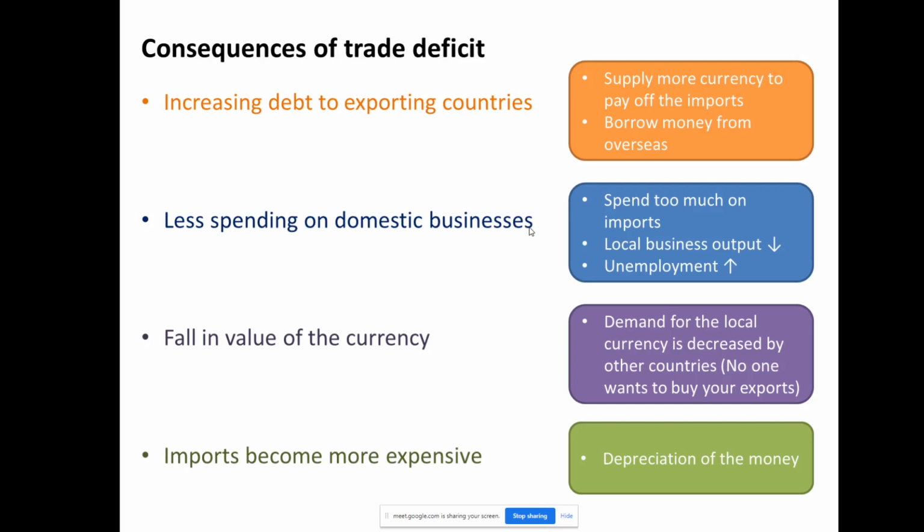Because of trade deficit, we expect the currency to depreciate a lot, and that is not good for imports, because we have to spend much more money on the imports afterwards. So those are the consequences we can see from trade deficit.